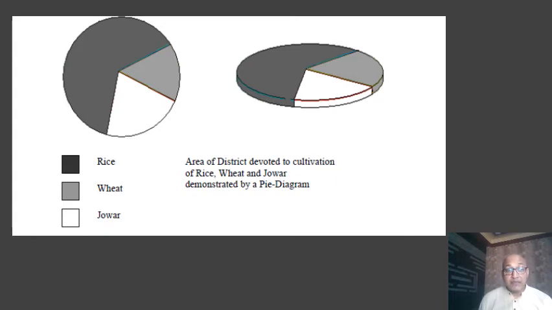The diagram can be drawn with the help of a compass and a protractor. This figure shows a hypothetical pie diagram.